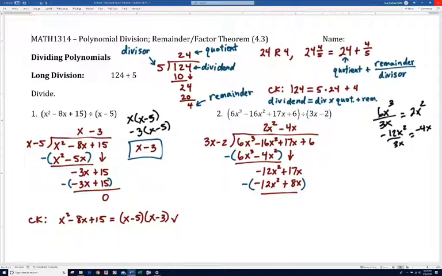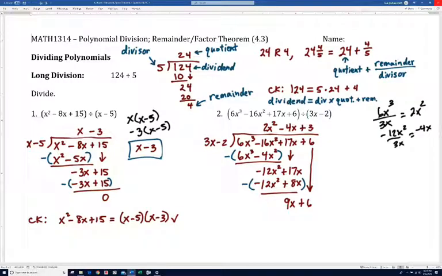And when we do that here, notice negative 12x squared minus a negative 12x squared, we're going to get 0. 17x minus 8x gives you 9x. And let's bring down our 6. And then notice our leading terms, we've got to see what times 3x gives us 9x. And of course, that would be 3.